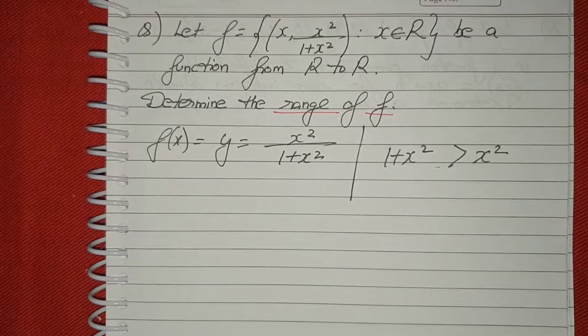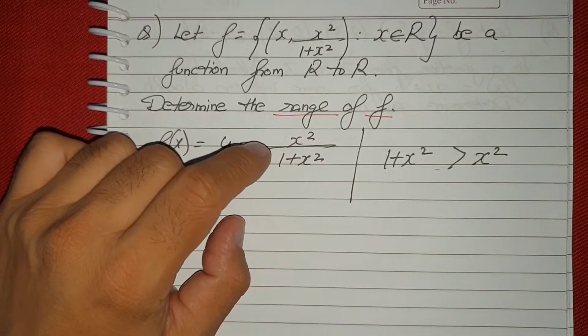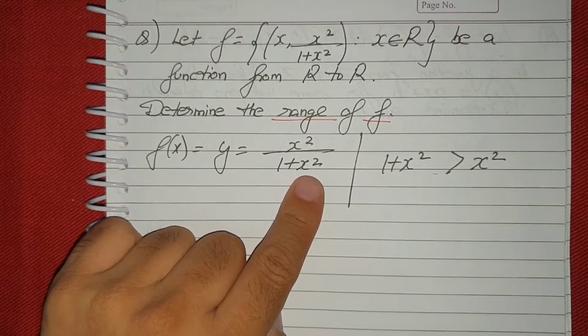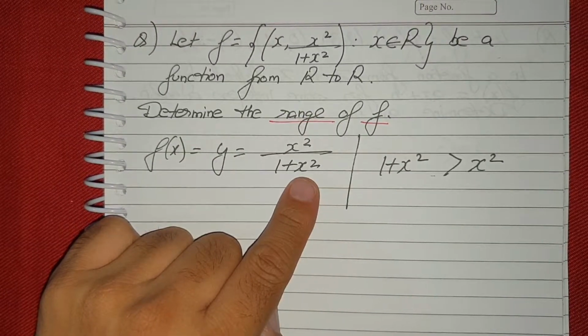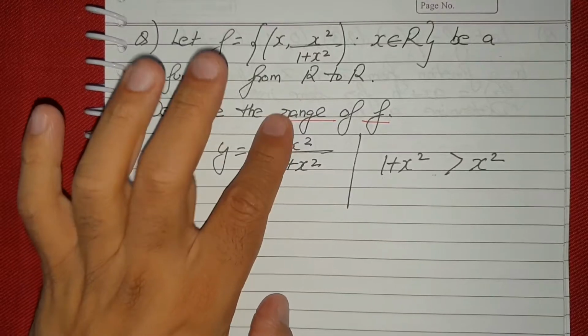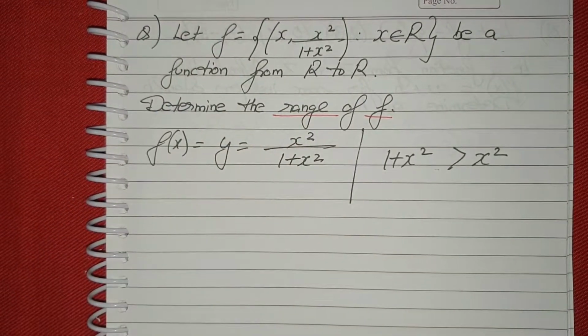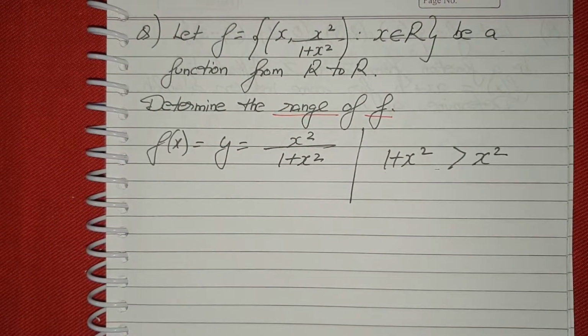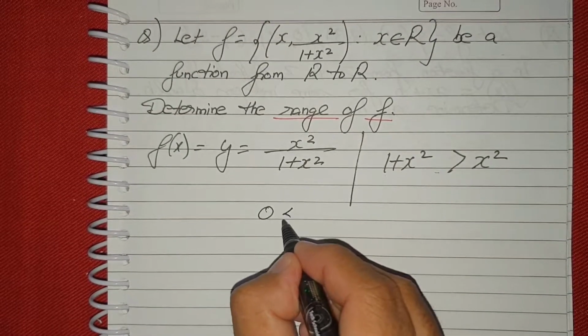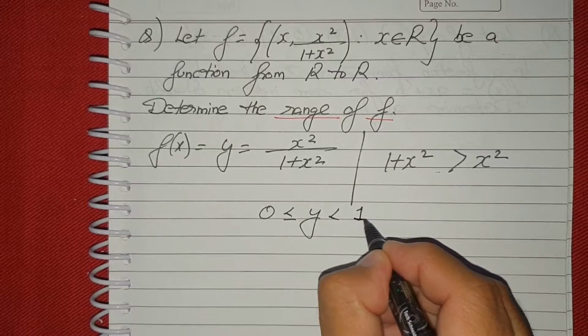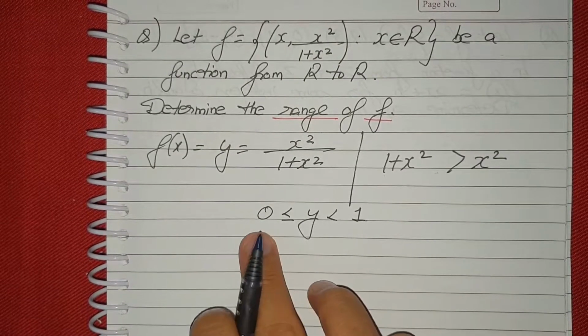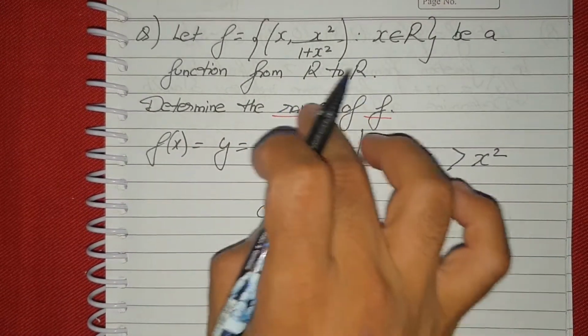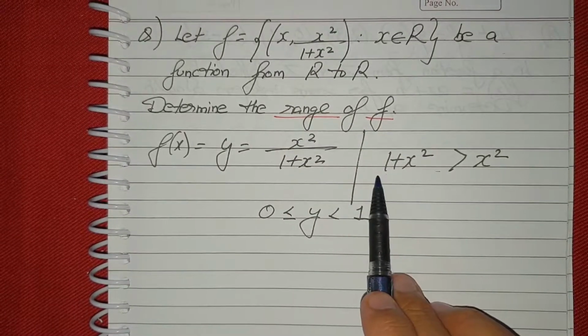But it can be 0, because if we put x as 0, that will be 0 by 1, which is 0, so it can be 0, but it is less than 1. Okay, so basically y has a value which lies between 0 and 1, which can be 0, but is less than 1, because this is a fraction which is always less than 1 because of this thing.